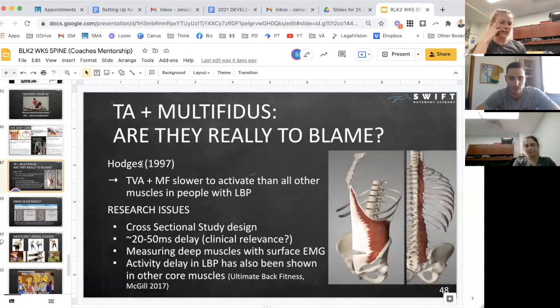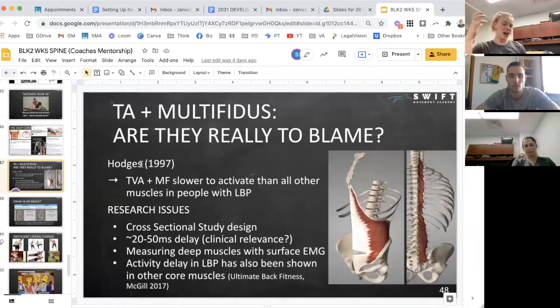And then the other issue is that when we measure EMG, your surface muscles are the best muscles to test with that. If you're trying to test anything that's below surface level musculature, you're going to get some interference of the other surrounding muscles. So the other question is, are you actually testing the muscles you're trying to test?